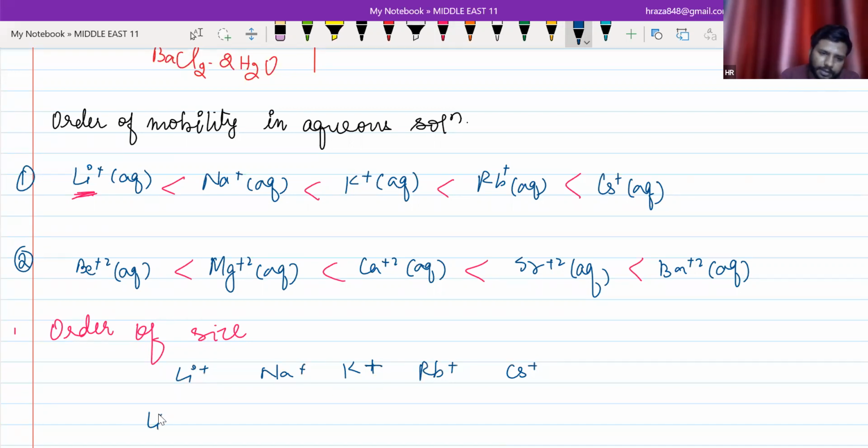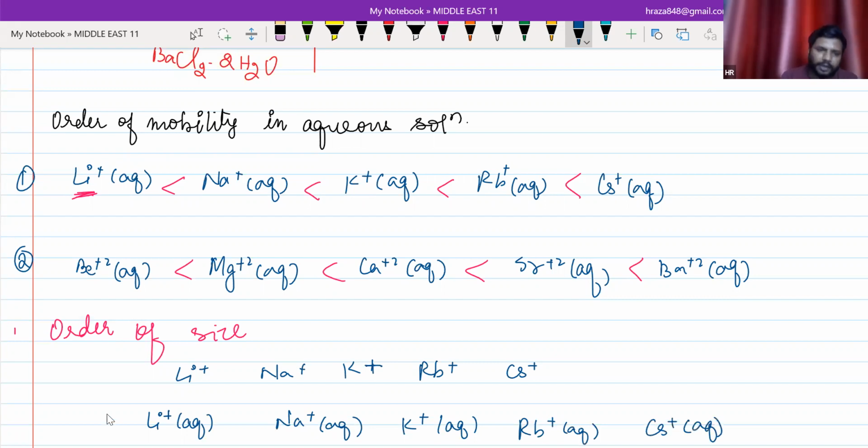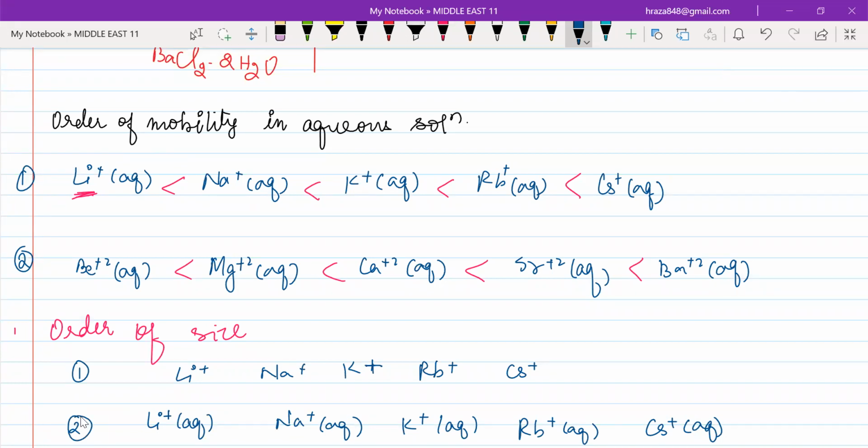And the other is the same ion, but in aqueous solution. Can you arrange them in increasing or decreasing order of their size? There are two questions. Can you do this? Yes, sir. Okay, please do it.